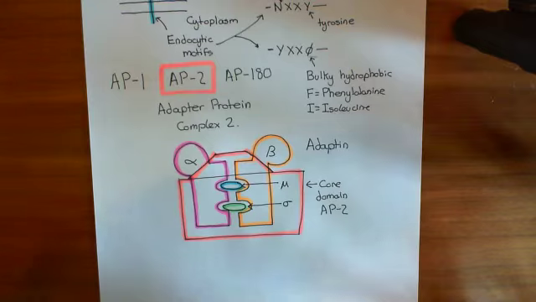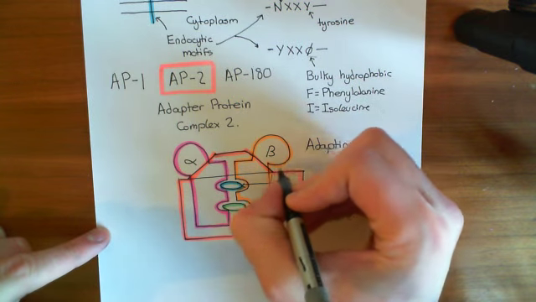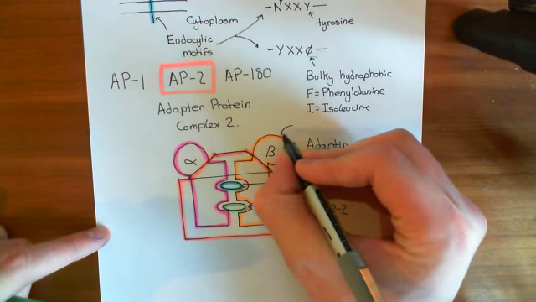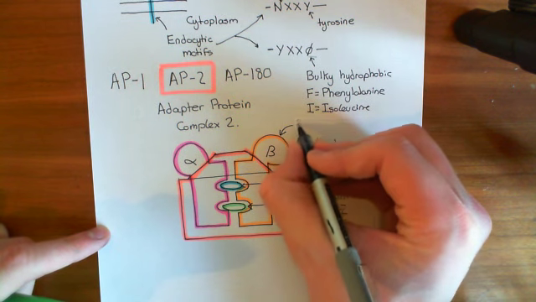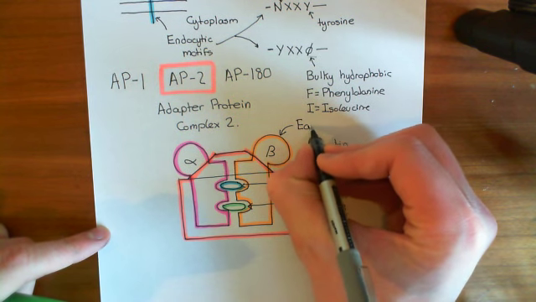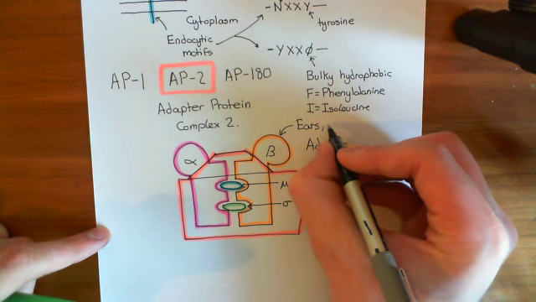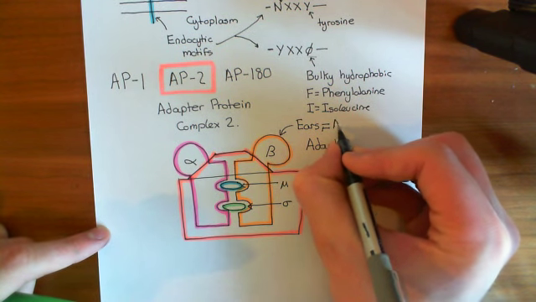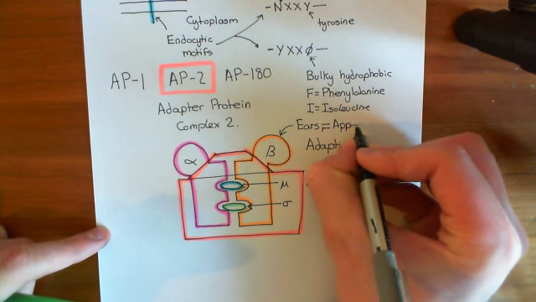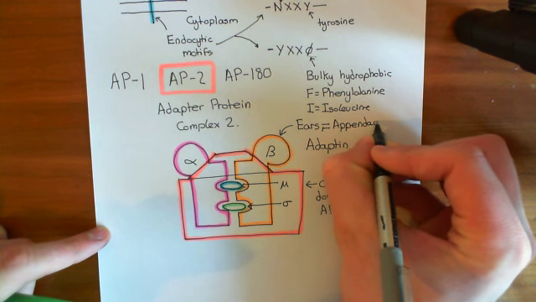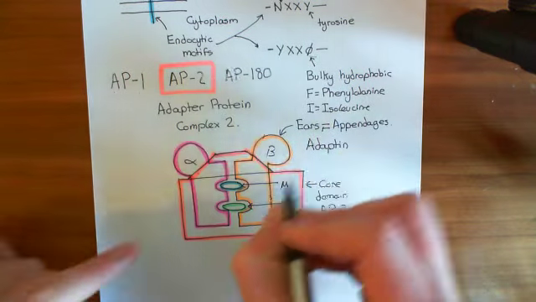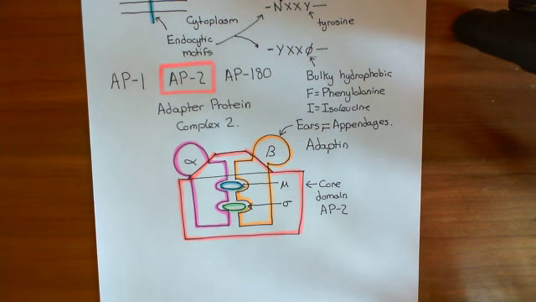Now these bits sticking off the edge, which I called the ears, are called the ears of the protein complex, or more properly, the appendages of the AP2 complex. So you have the core domain and then you have these two appendages, the alpha appendage and the beta appendage, or the alpha ear and the beta ear.